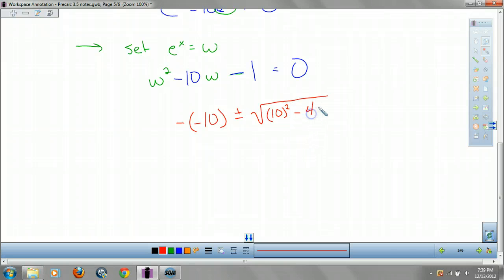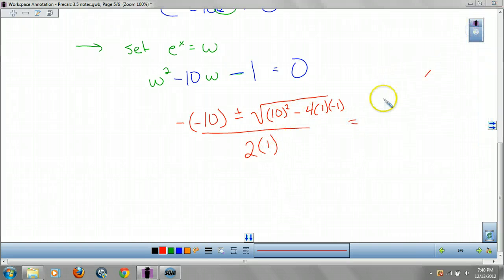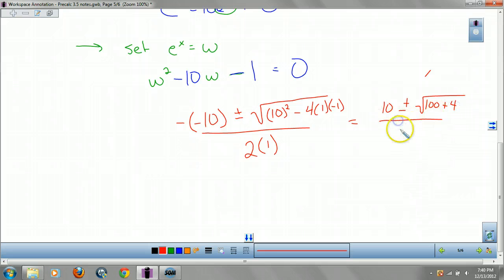Minus 4ac, all over 2a, right? So I get 10 plus or minus square root of 100 plus 4, over 2. 10 plus or minus square root of 104 over 2. Okay.